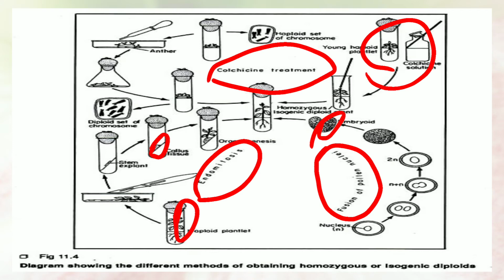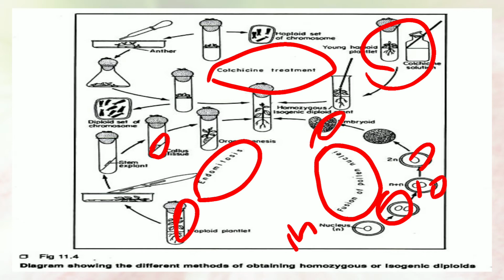In fusion of pollen nuclei, there are two similar nuclei, 2n, cultured after the first division. After the first division they are grown in a separate medium and you get n, meaning the haploid number.